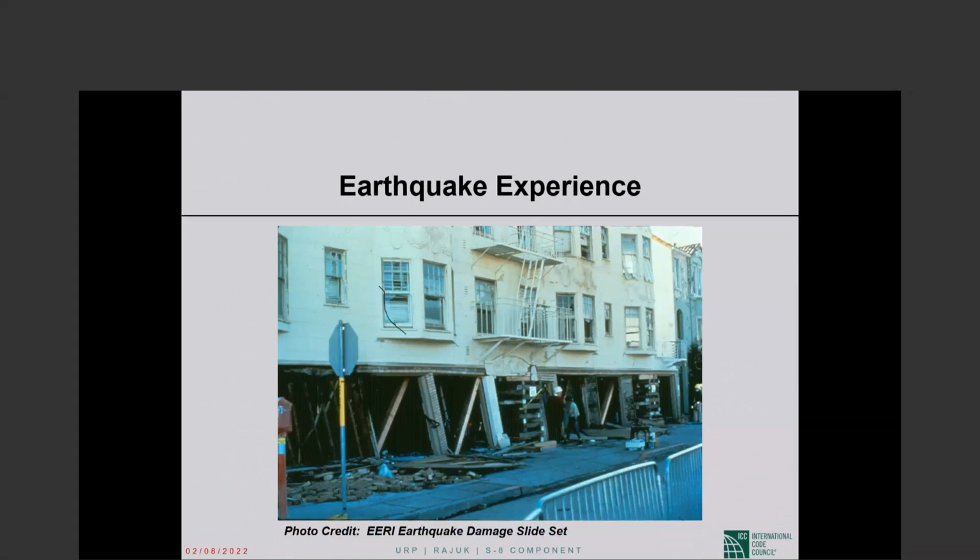When cars came, people made openings in the ground story to have garages. So the garages were created by removing walls after the buildings had been constructed, and that produced soft stories. And these buildings with soft stories did not do well at all in the Loma Prieta earthquake, as you would imagine. So the irregularity was the problem.